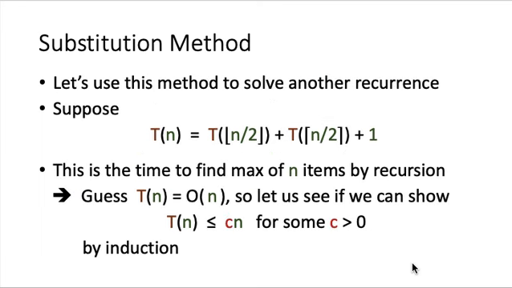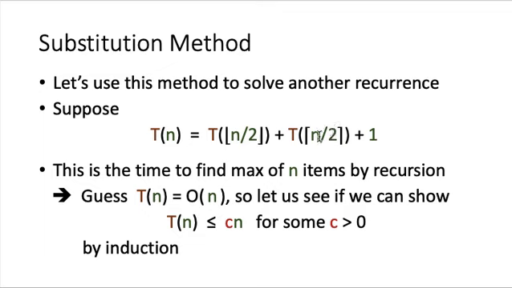Okay, let's try to use this method to solve another recurrence. Suppose this time T of n is equal to T of n over 2, taking the floor here, plus T of n over 2 taking the ceiling here, plus 1. So the floor is unconditional rounding down: we take the largest integer smaller than or equal to n over 2 here.